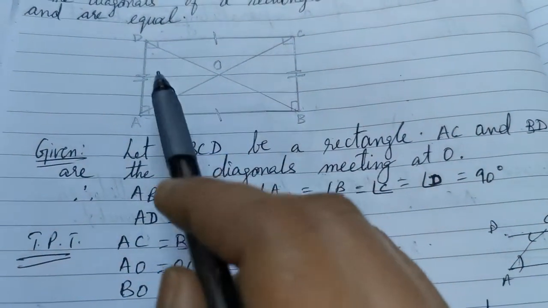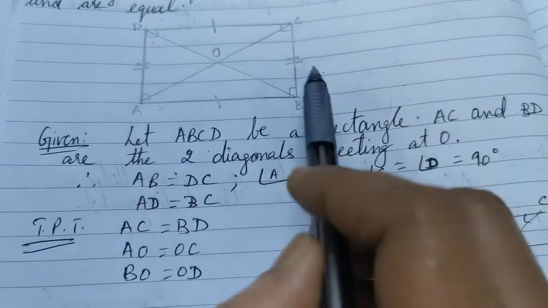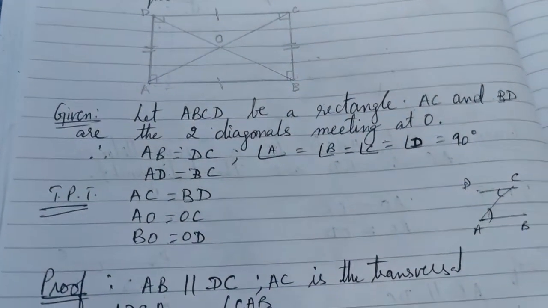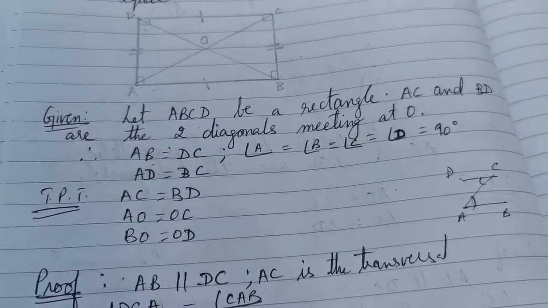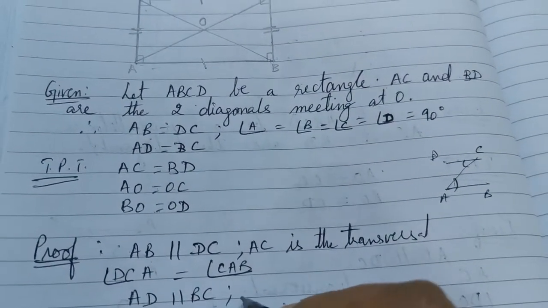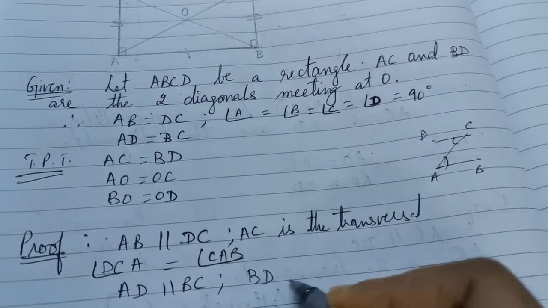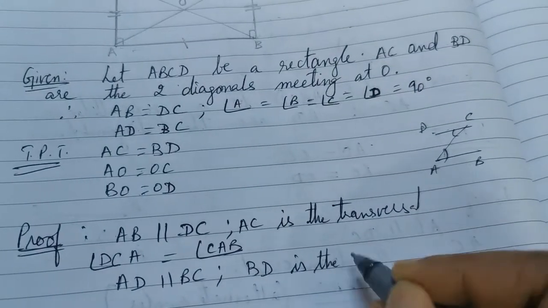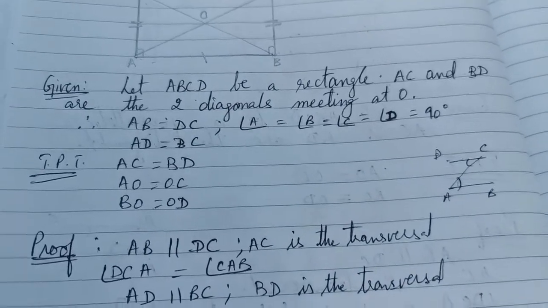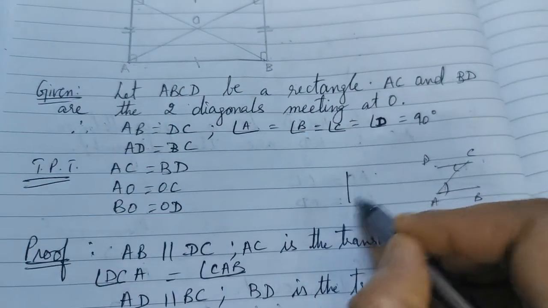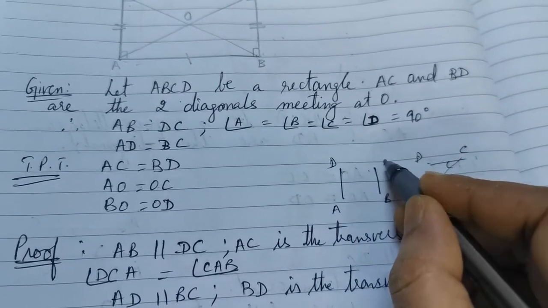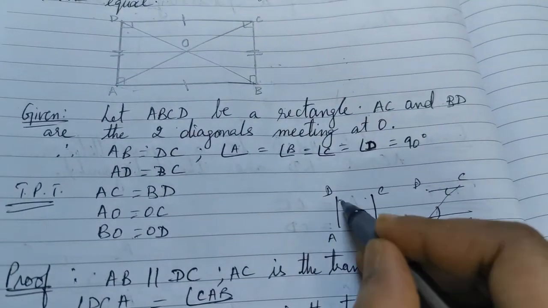Next I take the other pair, AD and BC, and the transversal to be BD. So I have AD parallel to BC and the transversal BD.